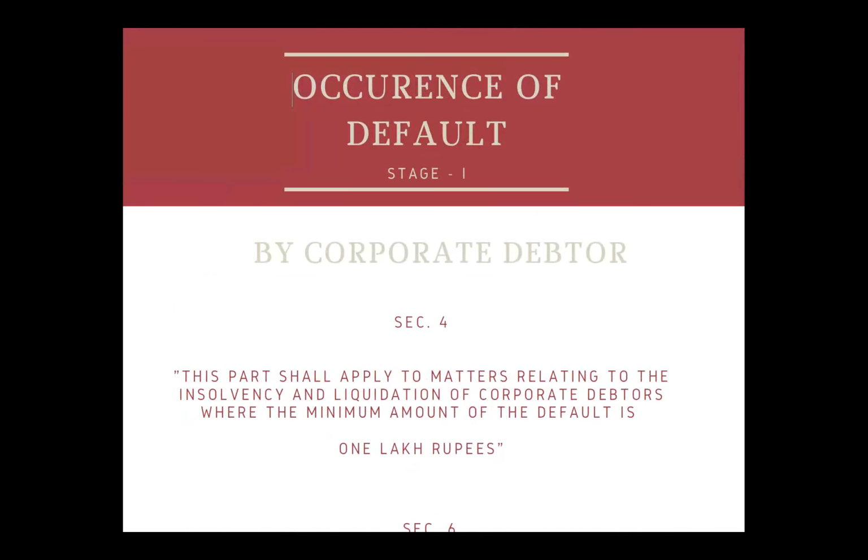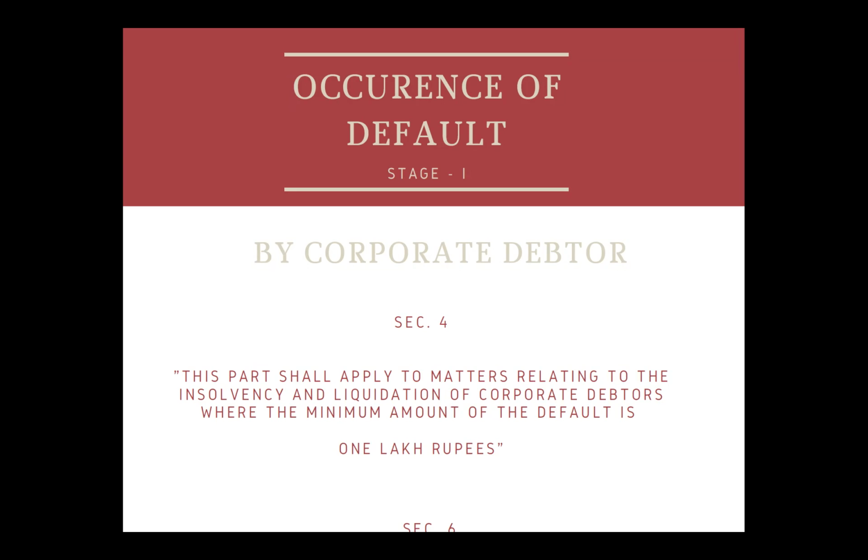Either the financial creditor, or an operational creditor, or the corporate debtor itself. Where the corporate debtor feels, okay, I defaulted more than 1 lakh and I'm not in a position to repay, I am insolvent. In any of these three cases, whether the operational creditor, a financial creditor, or a corporate debtor, these three can initiate CIRP.